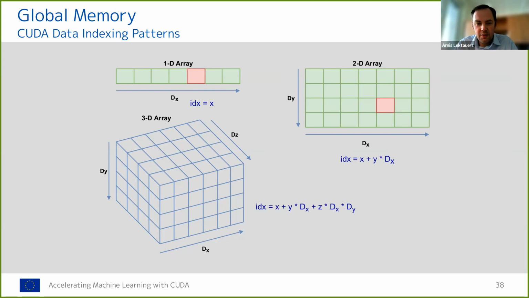And when we are using, for example, three-dimensional block indices, grid indices, or thread indices, then we have to transform these dimensions to, for example, a one-dimensional index, and the pattern is shown. If we are just using one dimension, then the transformation is very simple.